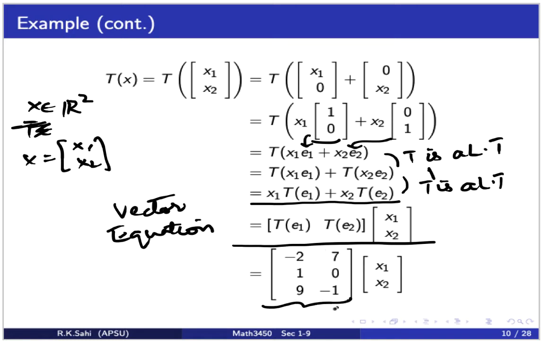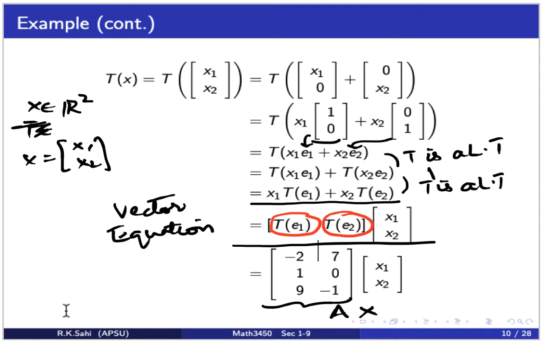So this is the matrix A, and this is the vector X. So what we have got is that if we are given an arbitrary element X, then when T acts on this arbitrary element X, it gives us a matrix equation where the matrix is composed of the action of T on the identity columns. This is what I'm talking about, guys.